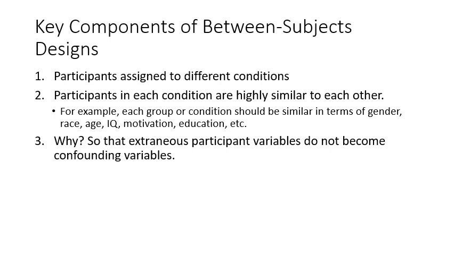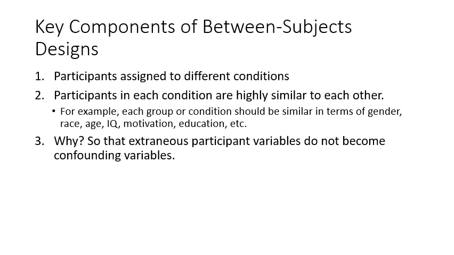So there are some key components. Participants are assigned to different conditions. Participants in each condition must be highly similar to each other. That's what we're counting on. So each group or condition should be similar in terms of gender, the same proportion of male to female. In terms of race, it's the same distribution of races, or all one race.